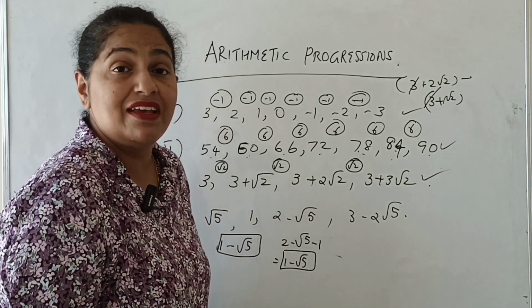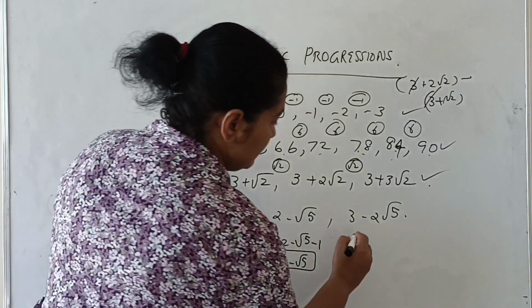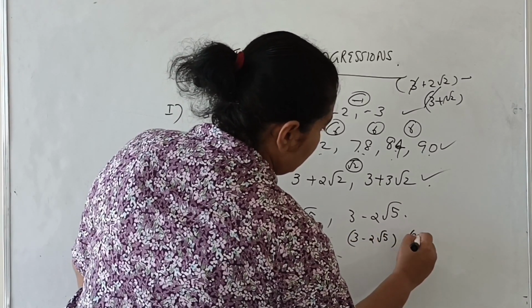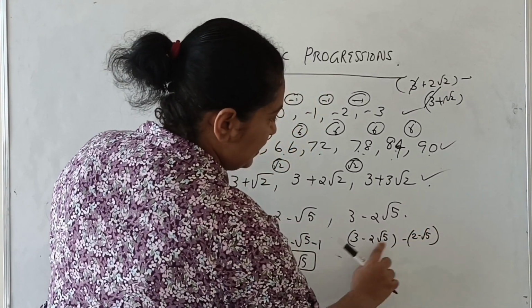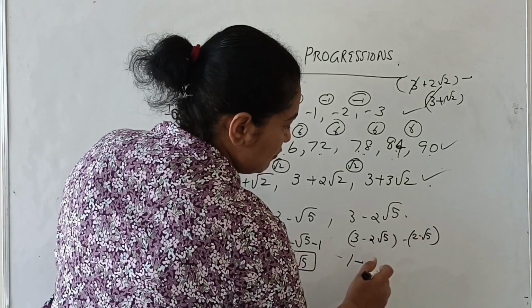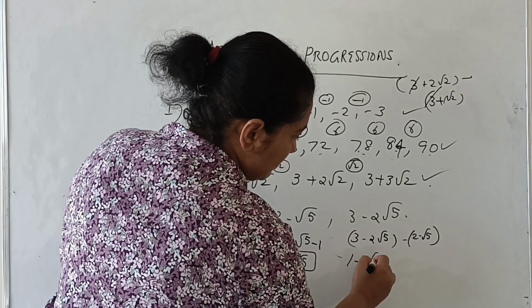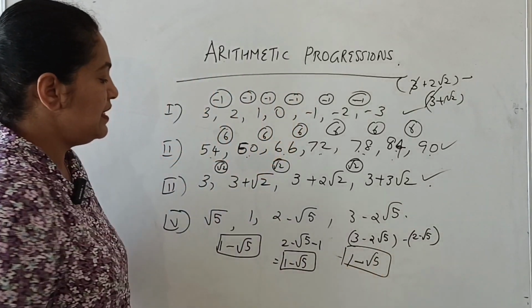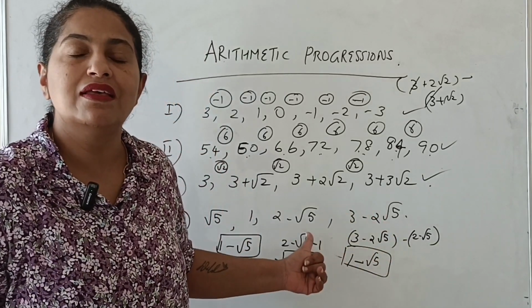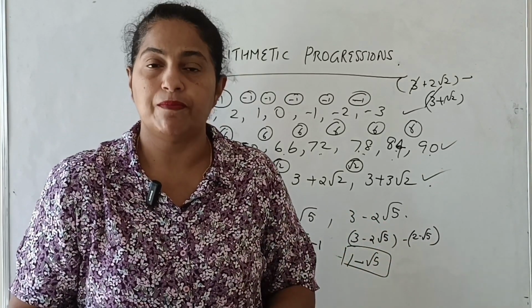Correct. Now let me check the fourth term minus the third term. 3 minus 2 root 5 minus 2 minus root 5. 3 minus 2 is a 1. Minus 2 root 5 minus root 5 is a 1 root 5. 1 minus root 5. You can see that the common difference is constant, making this into an arithmetic progression.